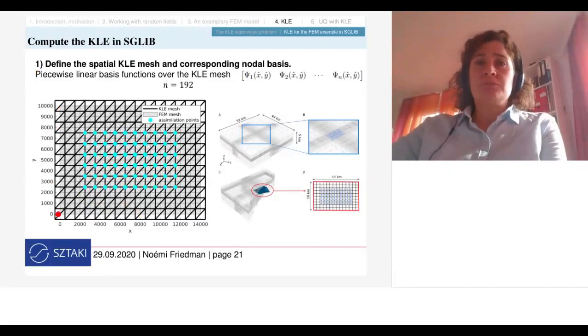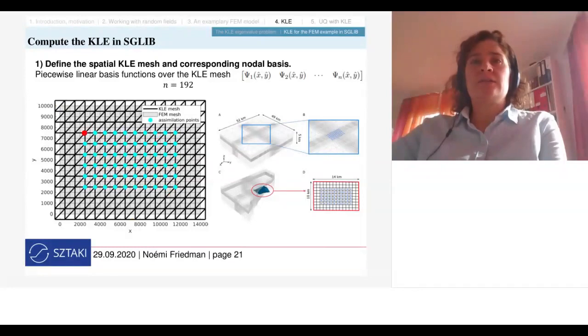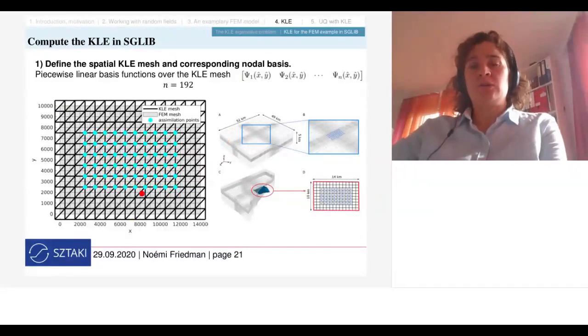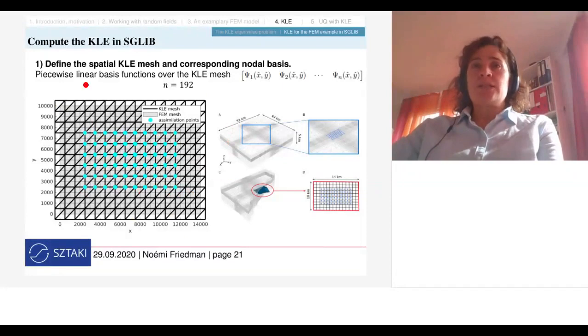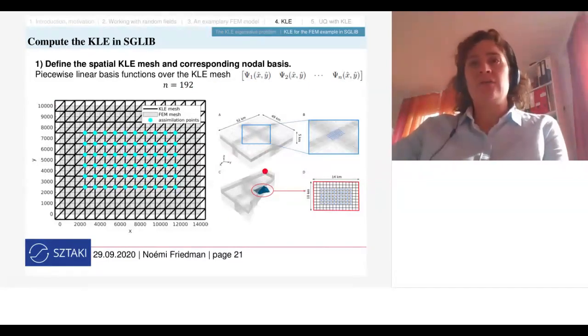So now you see here the finite element mesh, this center part of it, where the displacements are really significant, and these blue dots are the assimilation points where I had available measurements for the nodal displacements. So this is my defined mesh, and this mesh already defines a nodal basis over these triangle elements, where I have 192 mesh nodes, and this is how many basis functions I have.